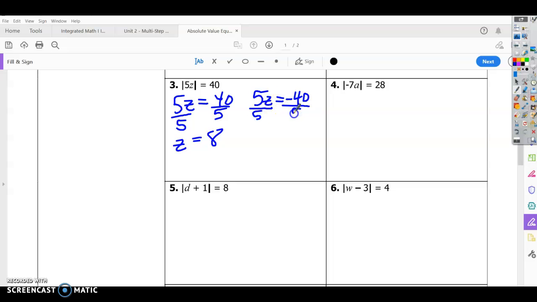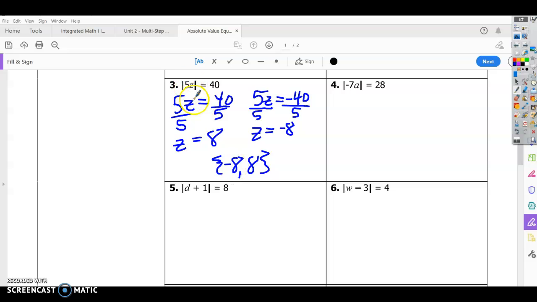And when I do that, that gives me my solution set. Again, I'm going to write my negative number first and my positive number next. All right, so make sure these are the brackets and not parentheses. Parentheses makes it look like an ordered pair. It's not an ordered pair. It's 2 solutions to this absolute value equation.